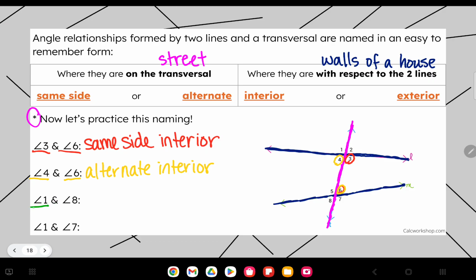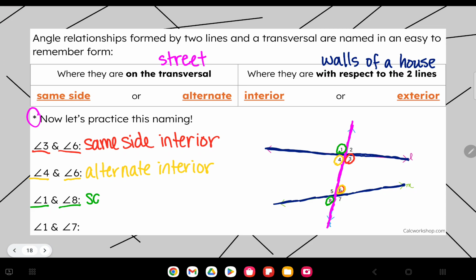All right, next let's look at angle 1 and angle 8. So here we have angle 1 and angle 8. First, where are angle 1 and angle 8 in relation to the street? Well, they are both on the left side of the street.